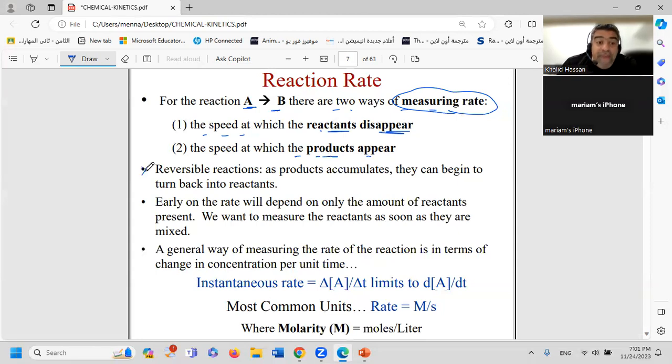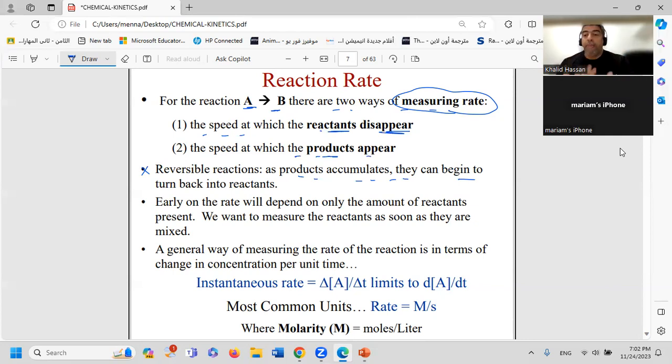Okay, for a reversible reaction, as products accumulate, they can begin to turn back into the reactants. Look at me please. If you have a reaction, this reaction could be forward from reactants to products.